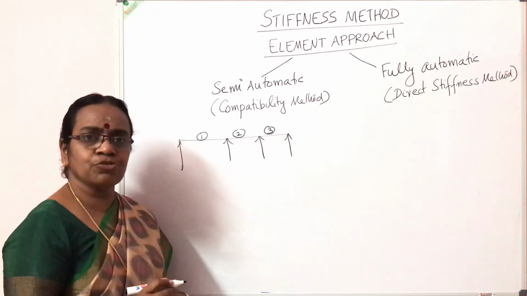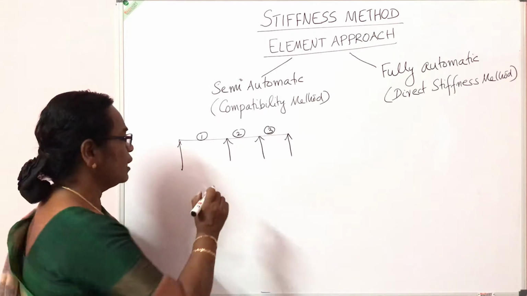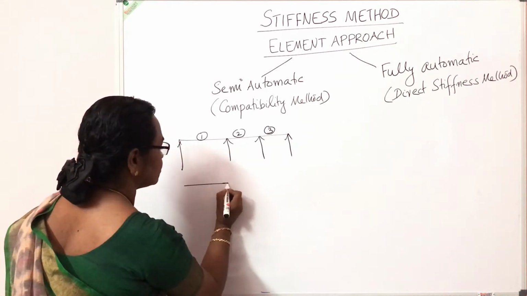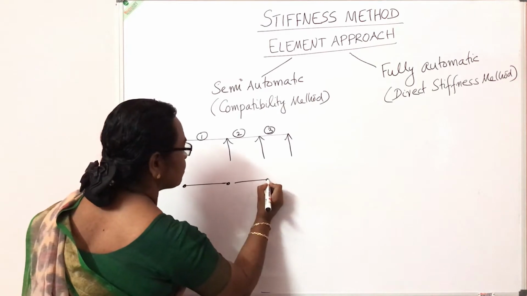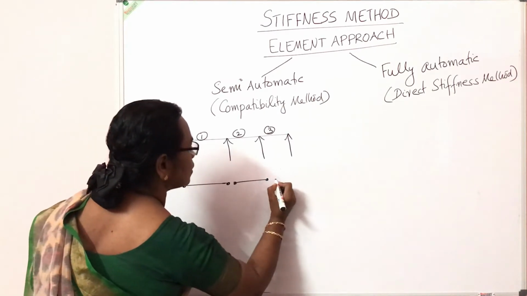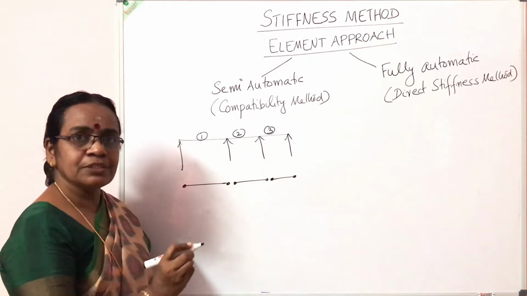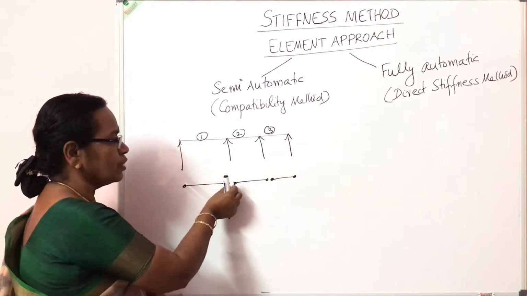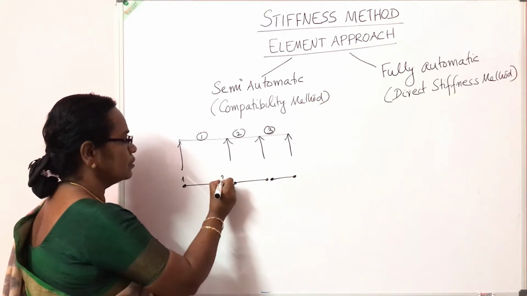A structure is assumed to be an assembly of elements, and elements are connected at the nodes. Each element has two nodes. Say element 1, this is element 2 and element 3. Each element has two nodes and the connectivity is at the node. So for the first element, this is node 1, node 2.